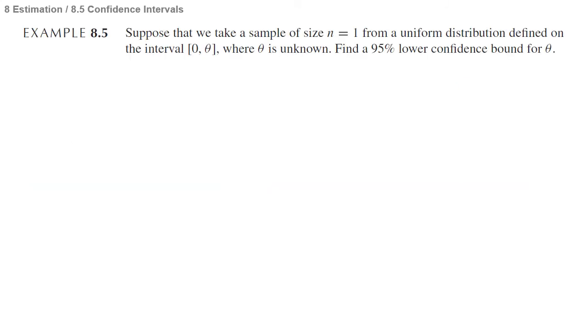Let's move on to example 8.5. Suppose that we take a sample of size n equals 1 from a uniform distribution defined on the interval from 0 to theta, where theta is unknown. Find the 95% lower confidence bound for theta. Again, let's define our u as y over theta.